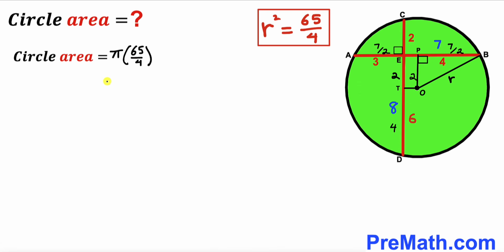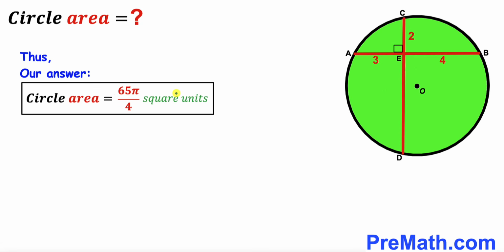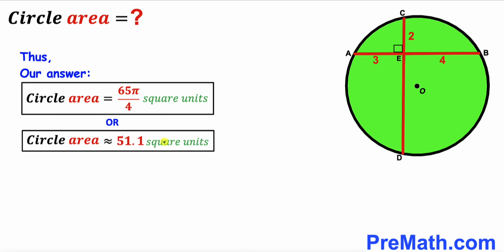So our green circle area is 65 times pi divided by 4 square units. After all the calculations, the area of this green shaded circle turns out to be 65 pi divided by 4 square units, which is approximately equal to 51.1 square units. And that's our final answer.